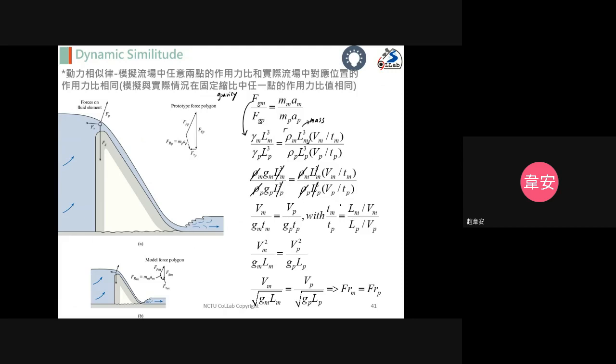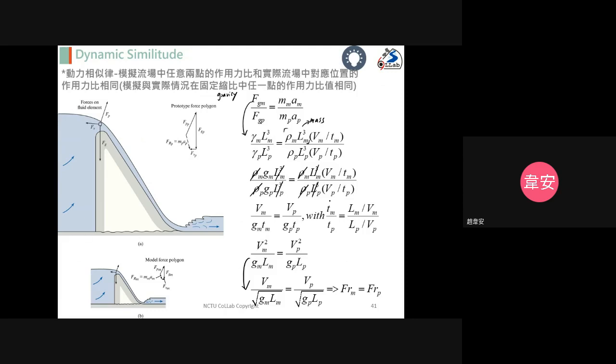So we rearrange the equation, and finally we get the final balance equation. If you take a look, this parameter is totally the same as the Froude number.